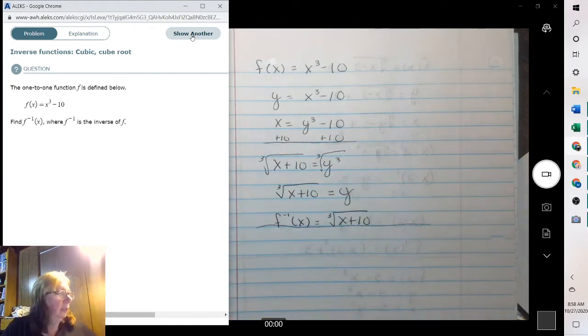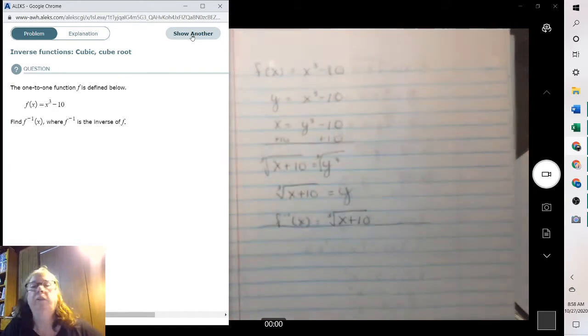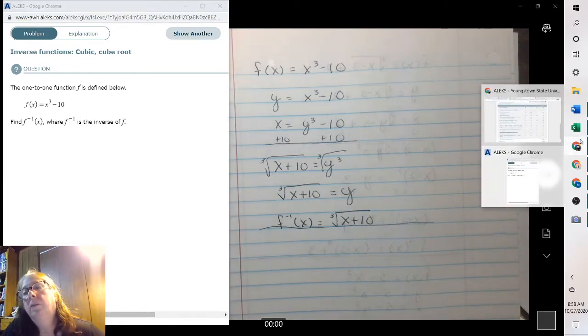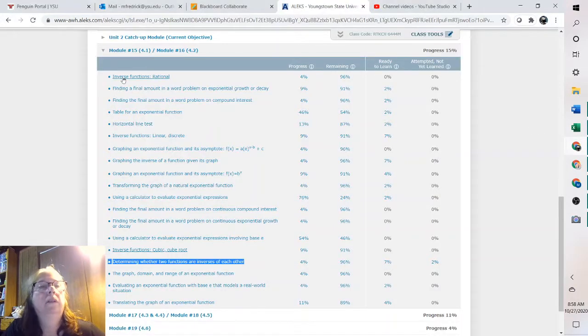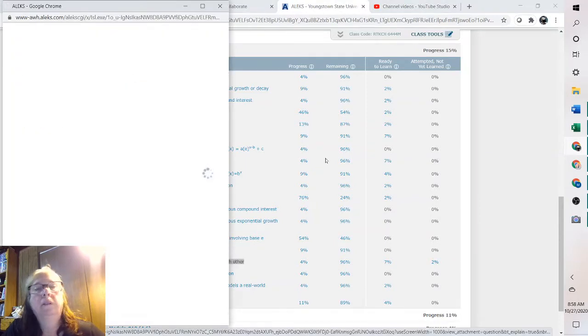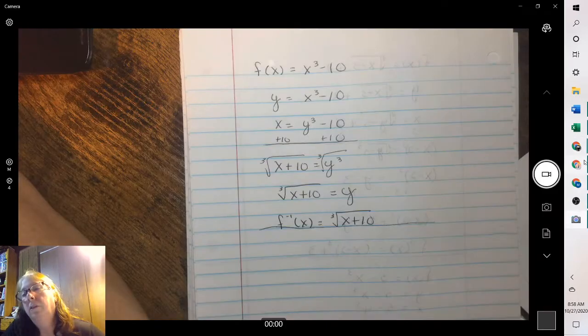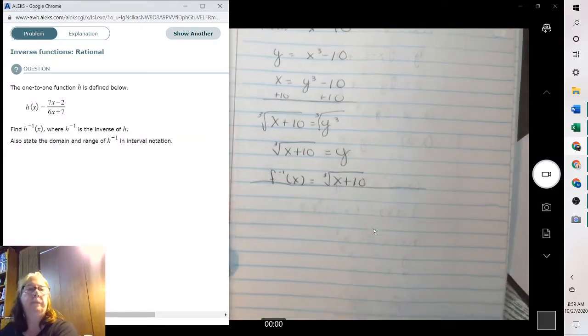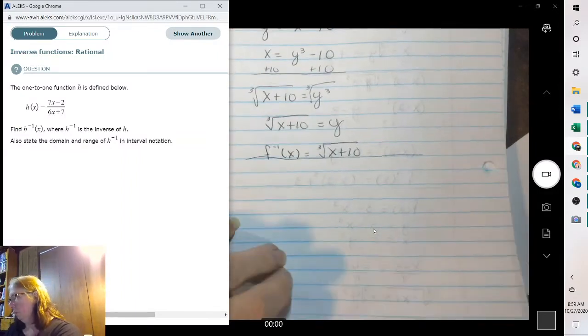Let's try another one. Inverse functions, rational. I think we need more space for this one.